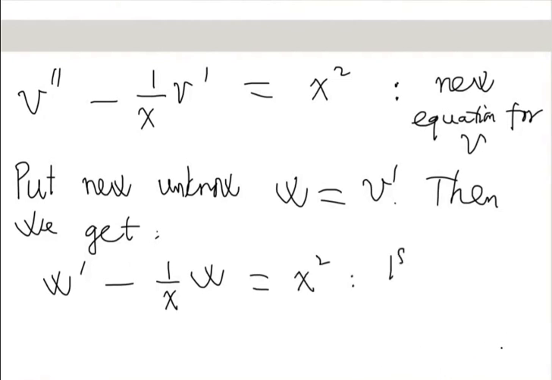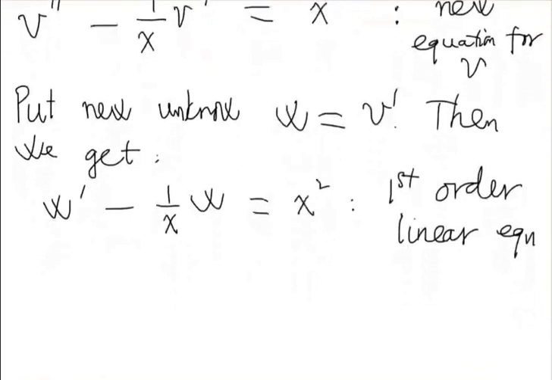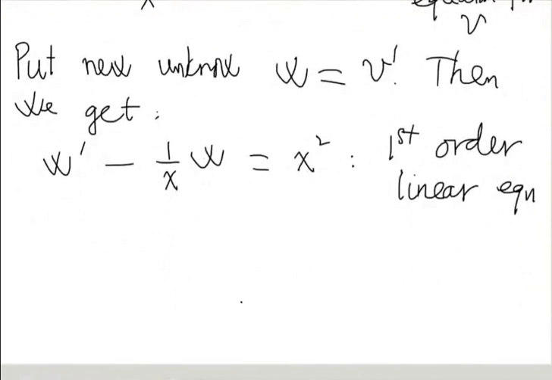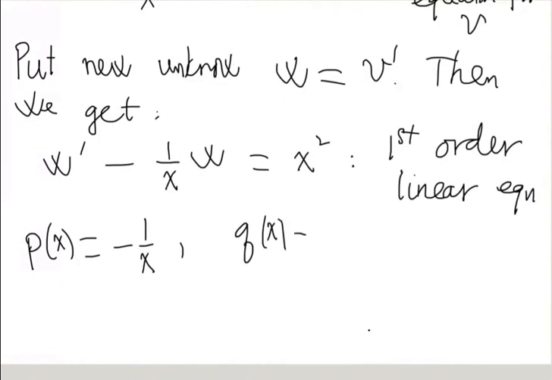This is a first order linear equation, and we can use the method we learned earlier to solve. For this first order linear equation, we have p of x is, don't forget the minus sign, minus 1 over x, and q of x is x squared.